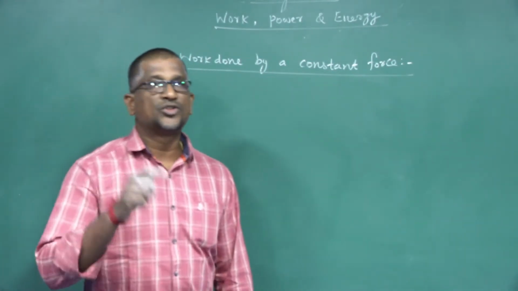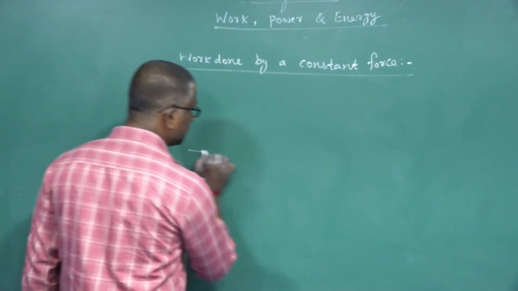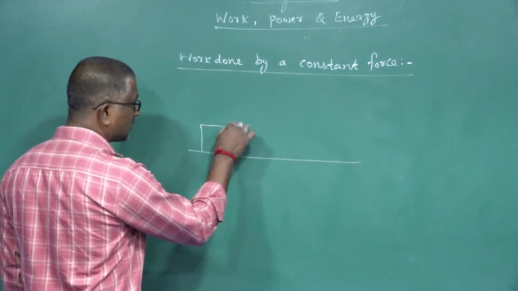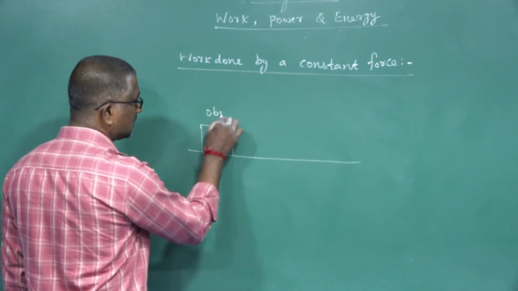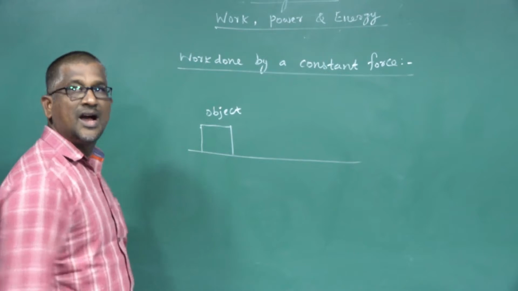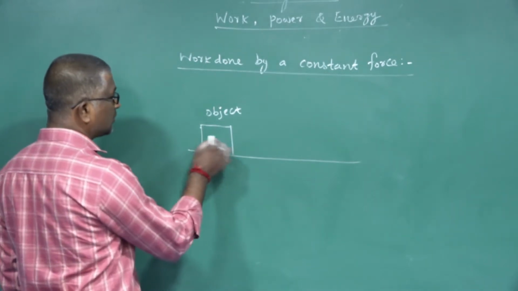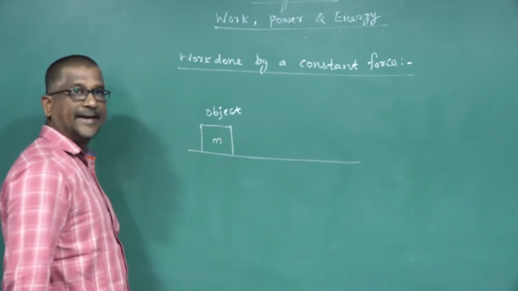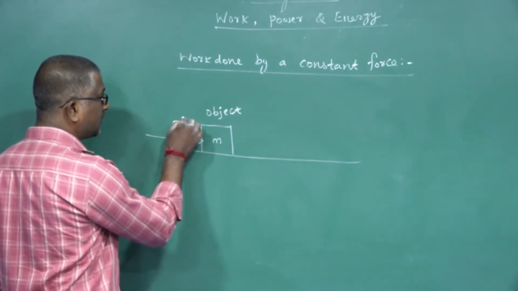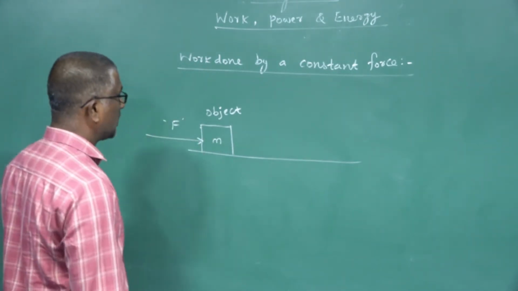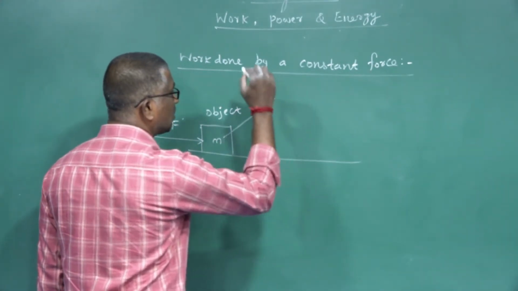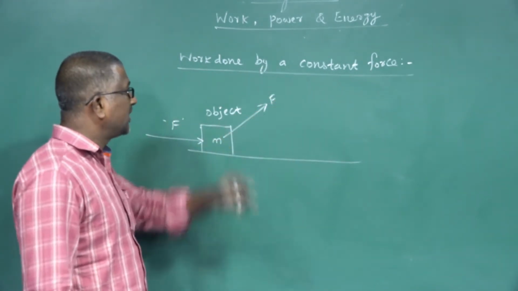Suppose let us consider an object which is placed on a horizontal surface. Suppose the mass of the object is m, and there is a constant force F acting on the body like this.